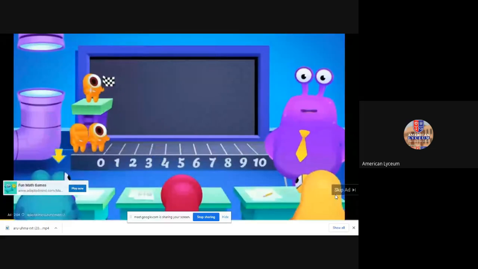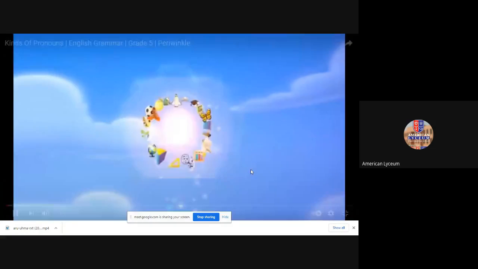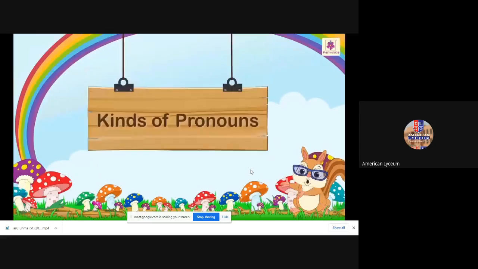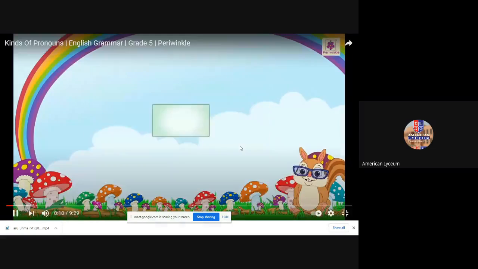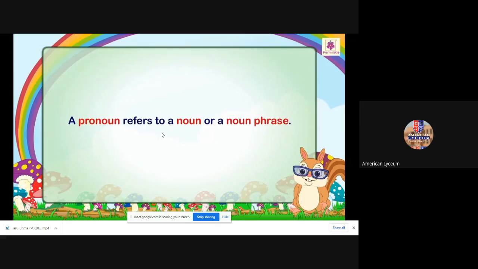Okay, class, let's begin. Kinds of pronouns. So today we will learn about kinds of pronouns. Okay, what are pronouns? Pronouns are the words that refer to a noun or a noun phrase.